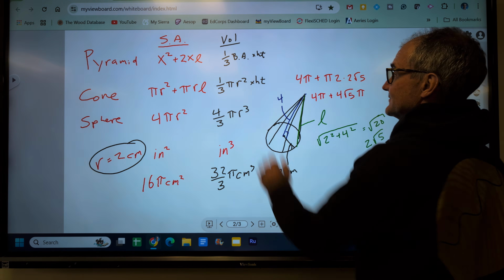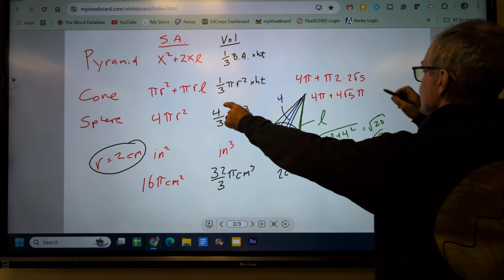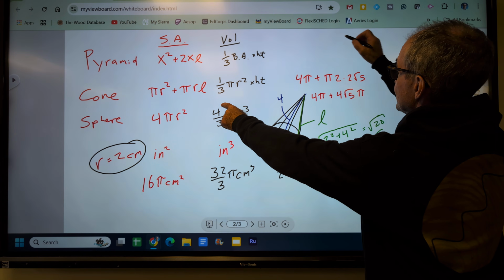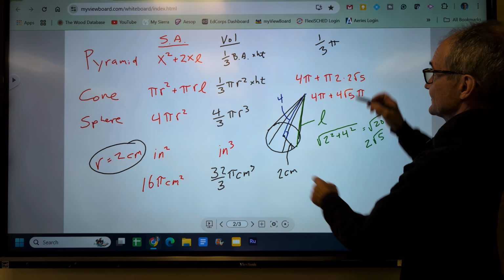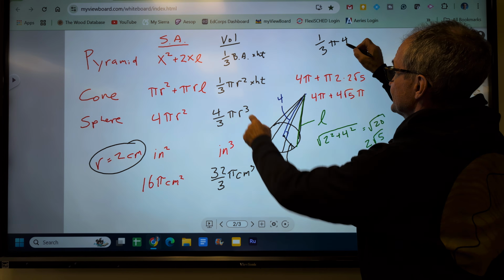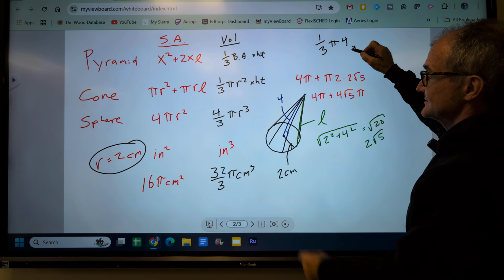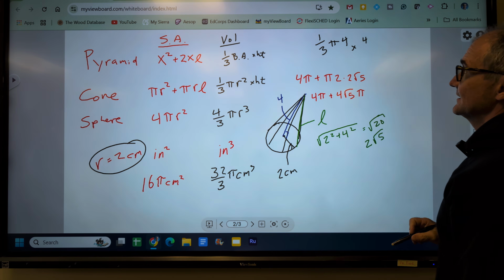Now let's take a look at our volume. We'll do that in black here. Our volume is going to be 1/3 pi. R again was 2 centimeters. So 2 squared, 4, times our height. Our height now is 4 as well.